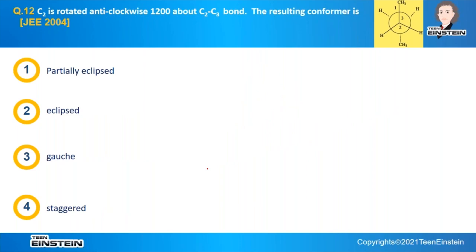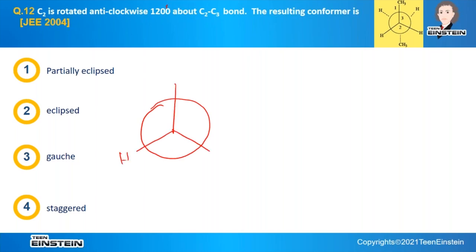So next, move on to the 12th. Here they give a butane conformer. So here they ask to rotate carbon 2 in anti-clockwise direction by 120 degrees about the C2-C3 bond. So they ask what the resulting conformer is. So first we draw the conformer of butane.